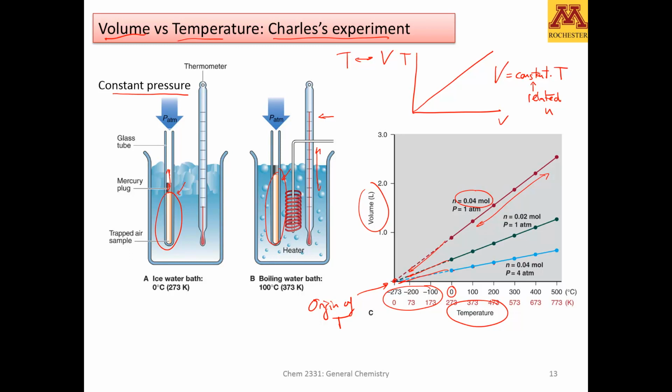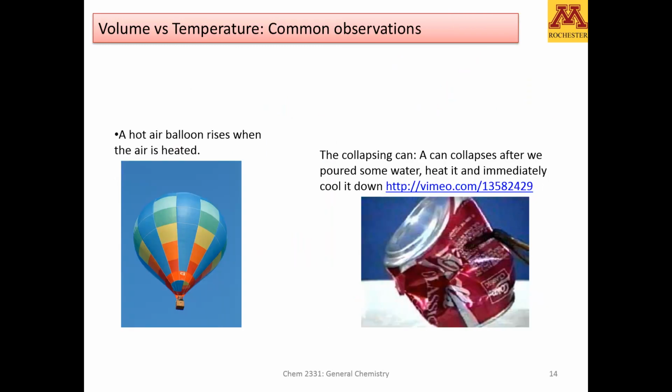That's Charles's experiment. What kind of observations in our daily lives exemplify Charles's law? What kind of observations exemplify that when you increase the temperature, you are increasing the volume in a linear fashion? That is, if you double temperature, you're going to see a doubling of the volume. A hot air balloon, for example, is a clear case of Charles's law, in which what you're doing is increasing the temperature of the air.